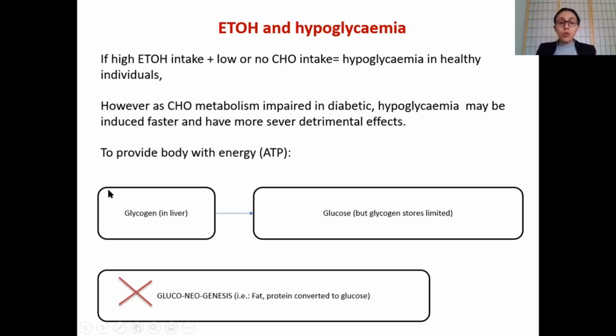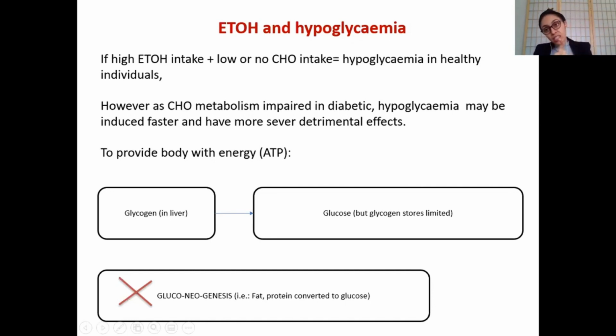For any individual, be it diabetic or healthy, we all know that we have some stores of glycogen in the liver, roughly the size of your fist. From your liver glycogen stores, you will have glycogenolysis.